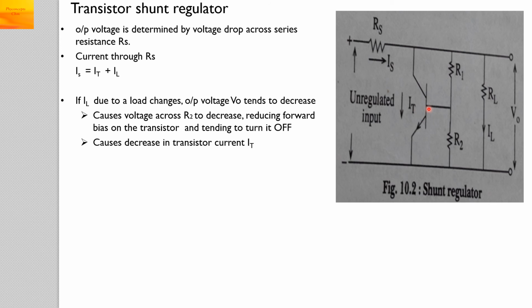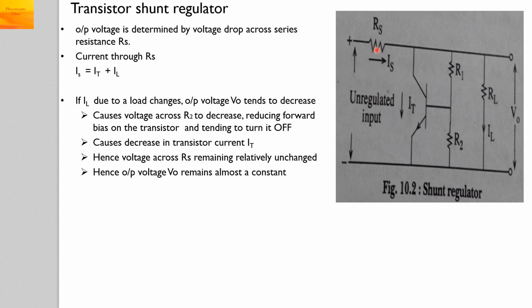This will cause a decrease in the transistor current IT. Hence the voltage across RS remains relatively unchanged. That will keep the output voltage VO almost constant.